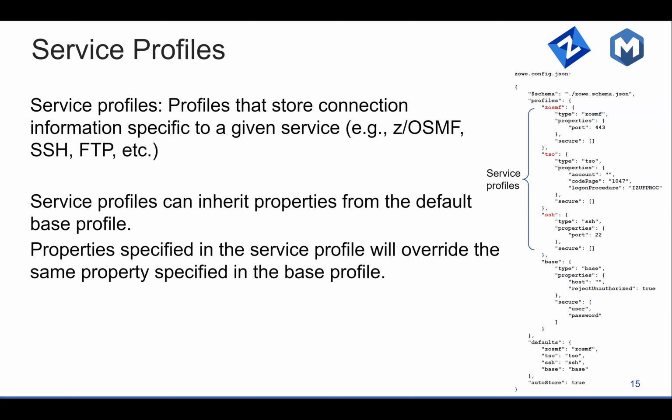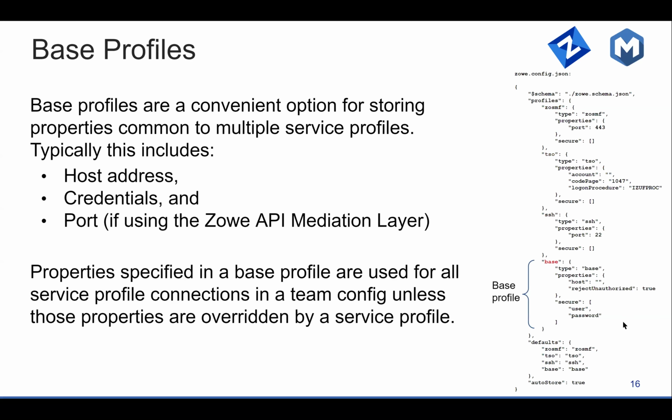And in case that was confusing, let me talk a bit more about base profiles to kind of cement that information. Base profiles are a convenient option for storing properties that are common to multiple service profiles in your team config.